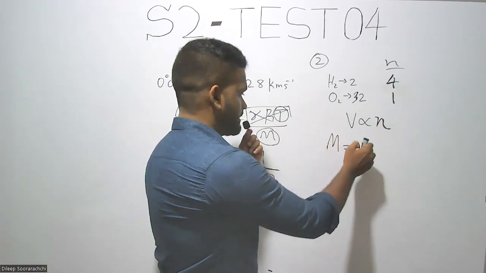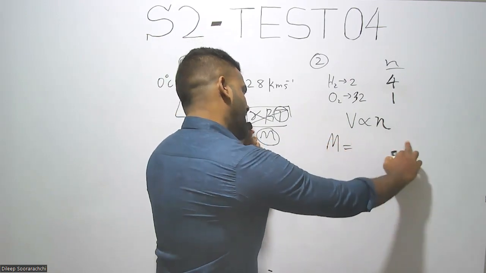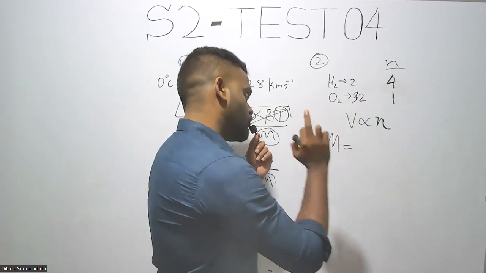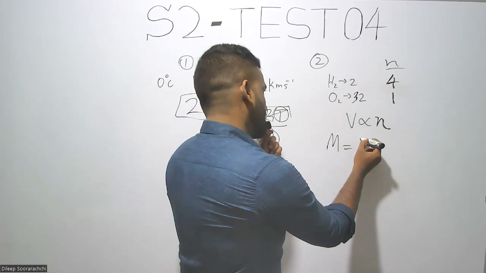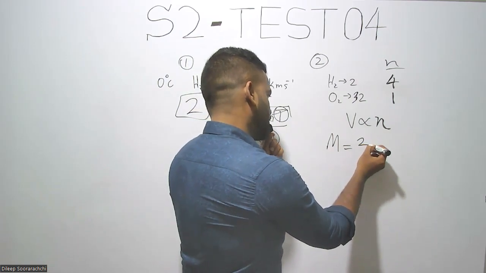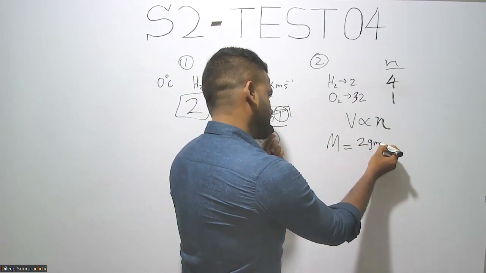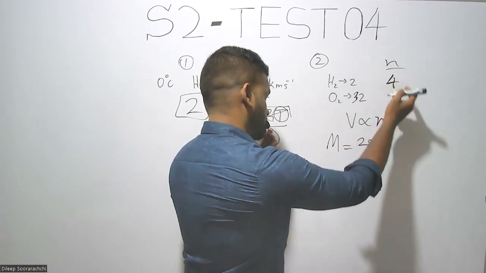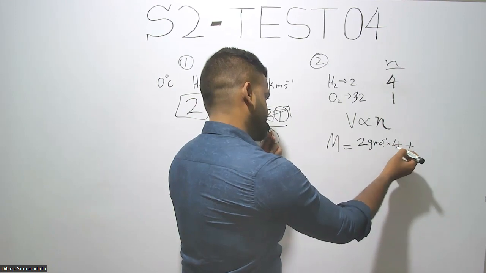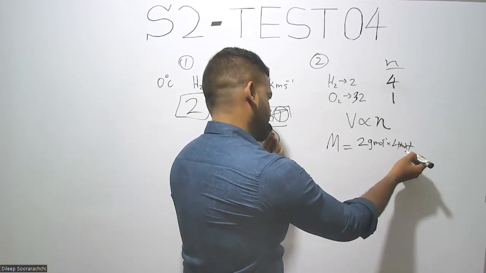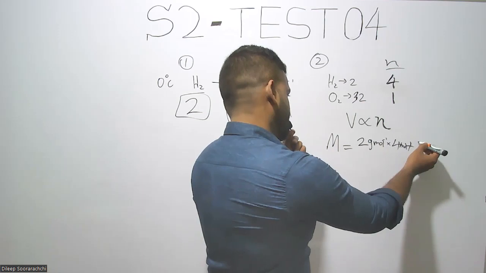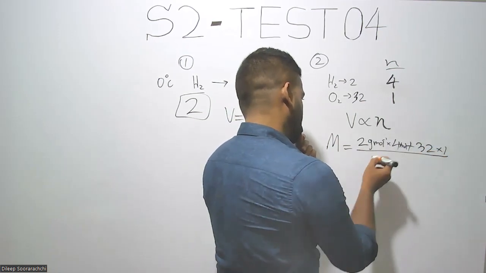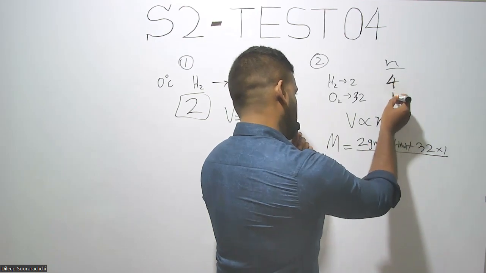Then I'll find molecular mass. Molecular mass is total mass of the mixture divided by total number of moles. Total mass is, for the hydrogen, molecular mass times number of moles, that is 2 times 4 moles, plus, for the oxygen, 32 times 1, divided by the number of moles, 4 plus 1.